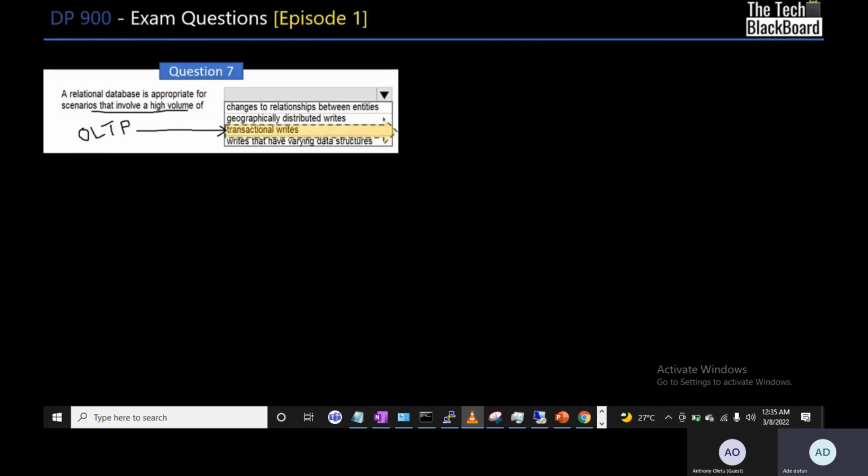Their data structure is defined. Their schemas are defined. They are strongly consistent. But it's transactional, which means it's something that is happening. There's write, there's read. Something you can edit. So it's transactional.